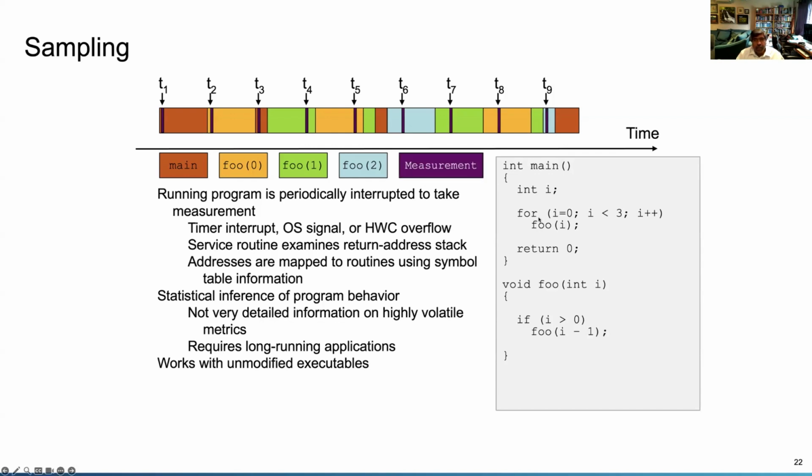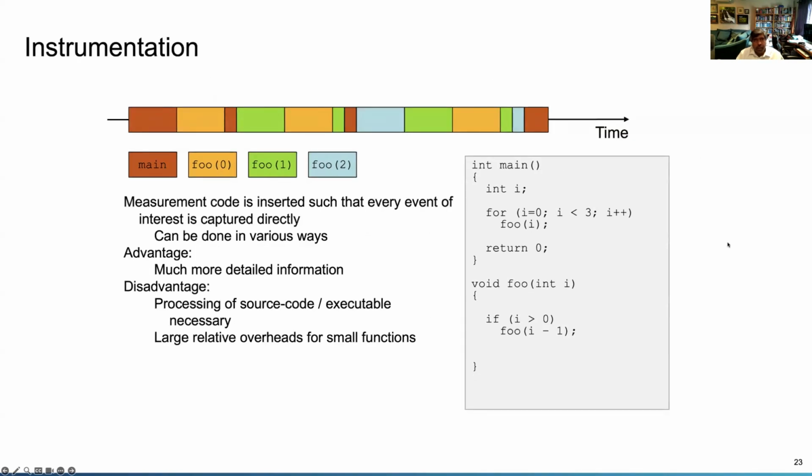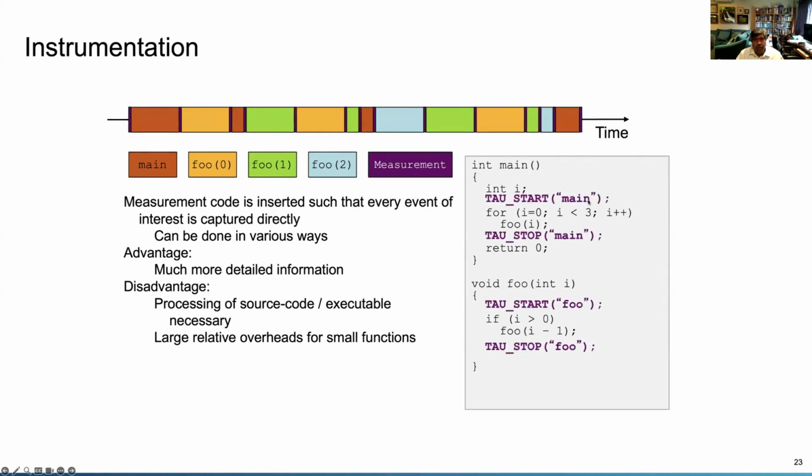If 30 samples come at this particular line of code, then it will say 30% of the time was spent there. In instrumentation, you have a start and a stop call at the function entry and exit. And then you can get detailed information about the inclusive and exclusive time spent in that.